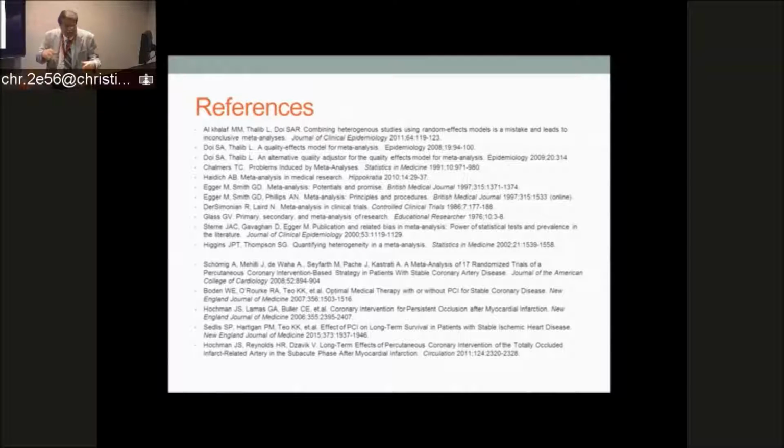So supposedly, one of the advantages of doing a meta-analysis is that you can attach numeric quantities to a systematic review, but obviously that's going to help.